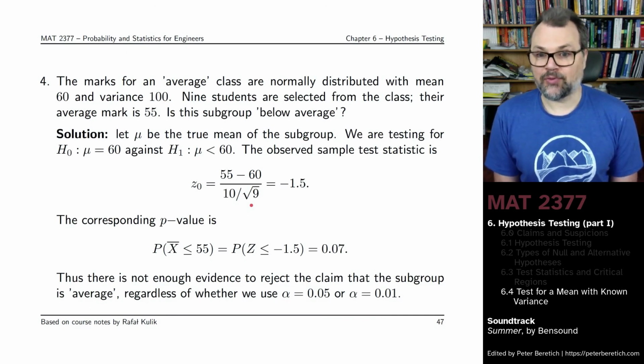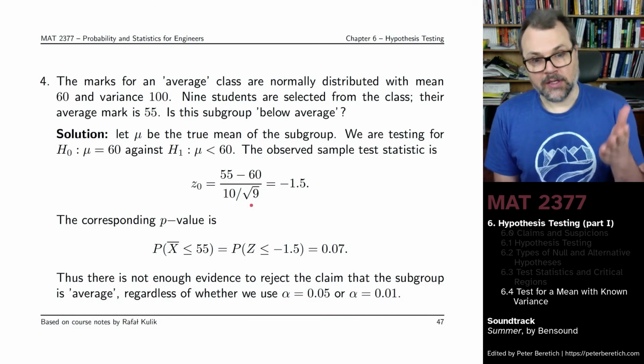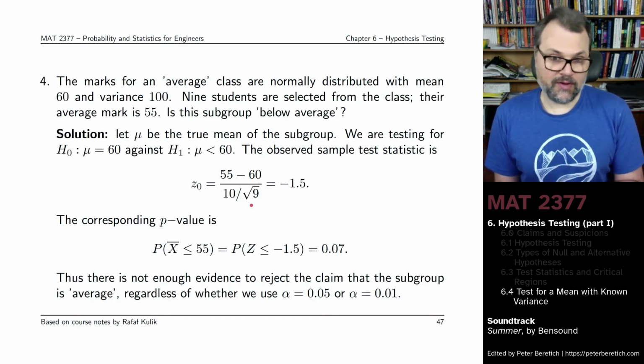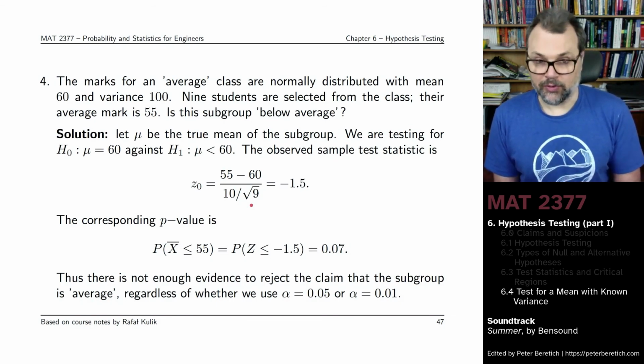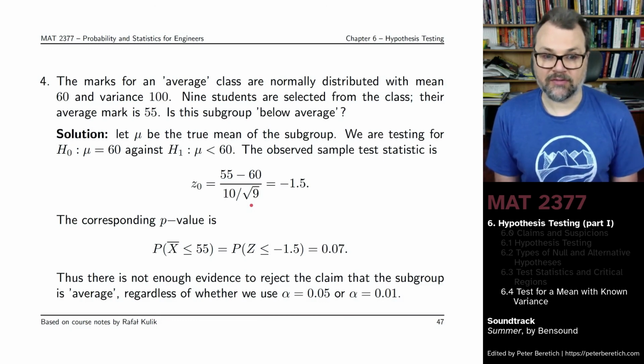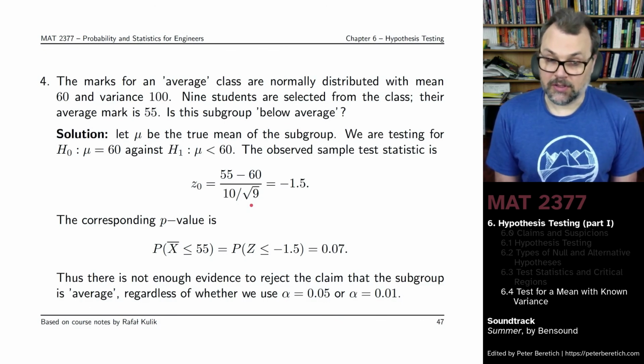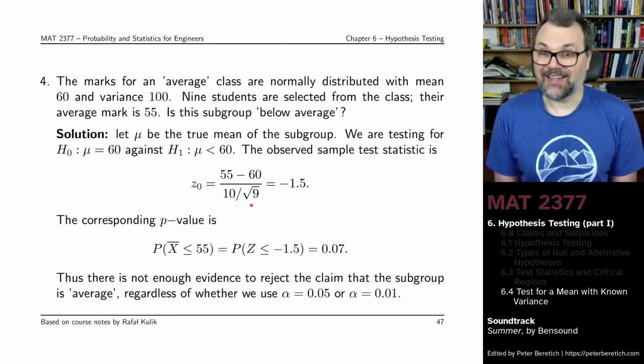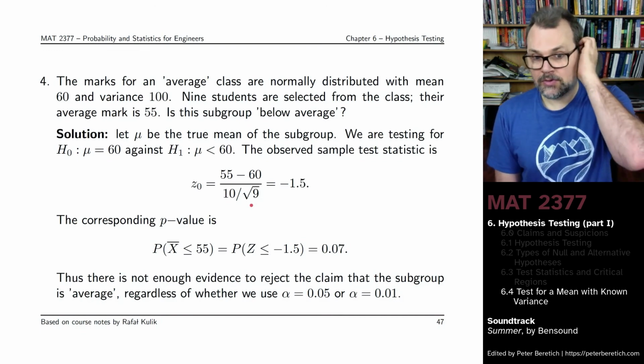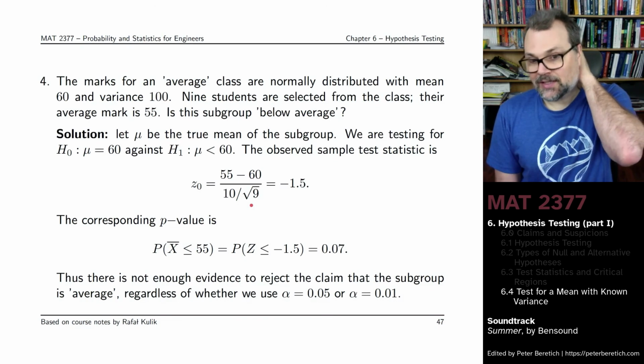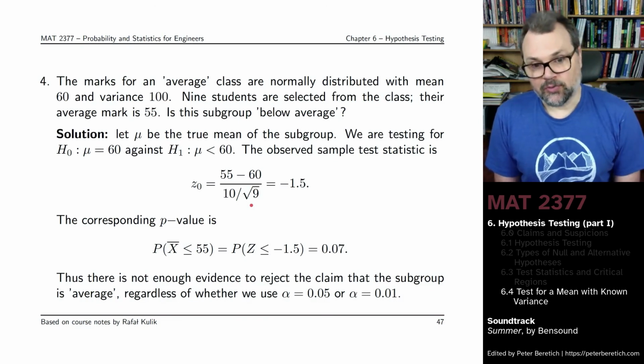The observed sample test statistic then would be x bar minus mu 0 divided by sigma divided by the square root of n, and I get minus 1.5. The corresponding p-value, the probability that the sample mean should be smaller than 55 by chance, assuming that the null hypothesis holds, is the same as the probability that the standard normal variable z would be smaller than minus 1.5.